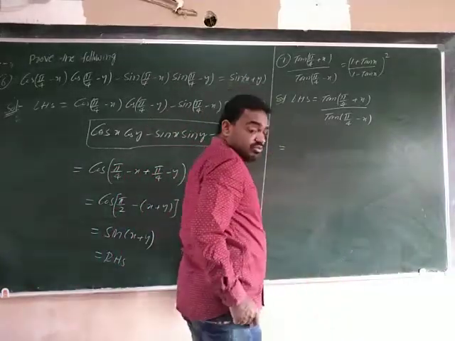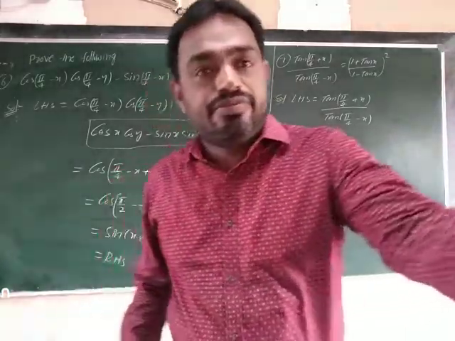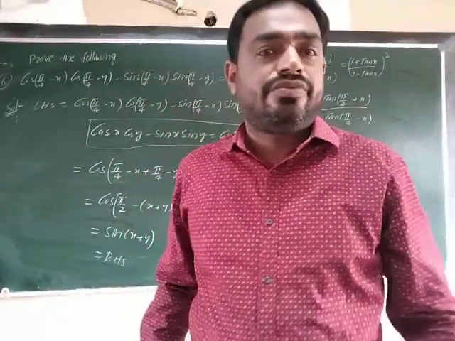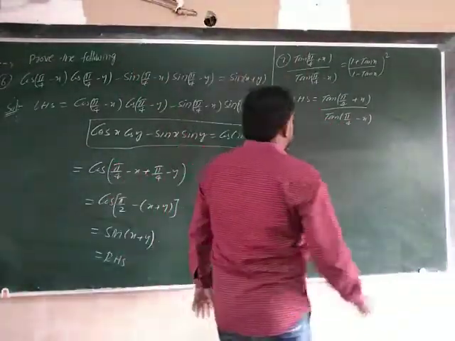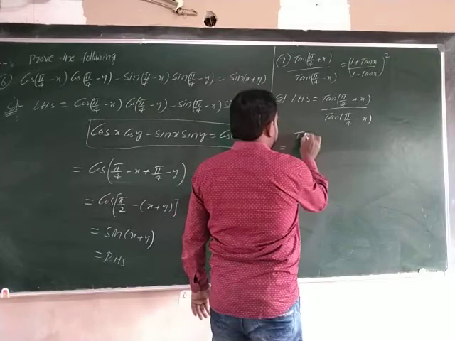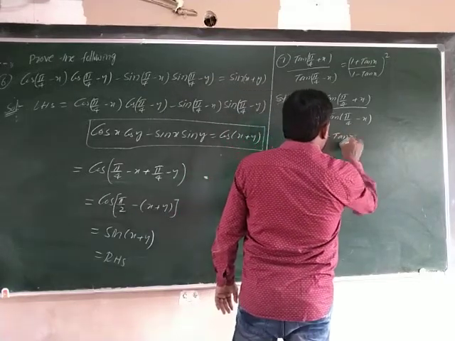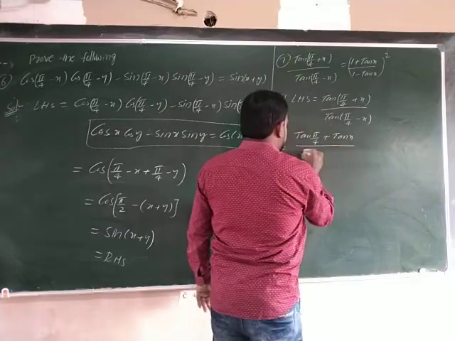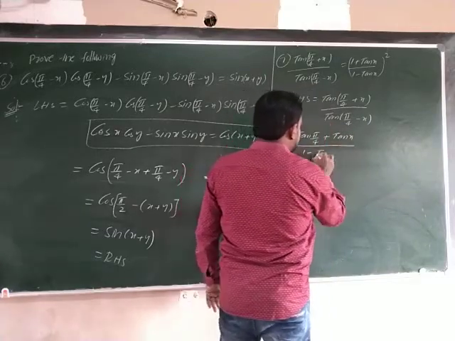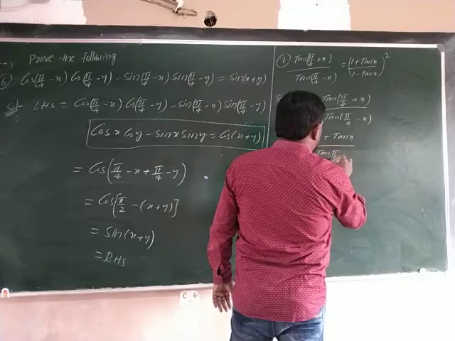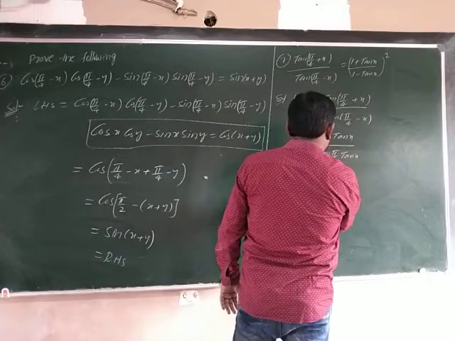So the numerator is tan pi by 4 plus tan x by 1 minus tan pi by 4 into tan x.